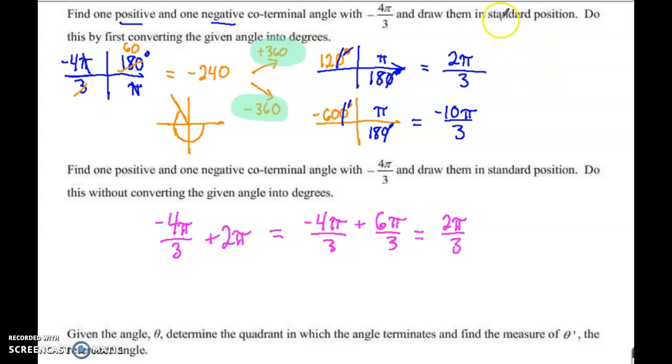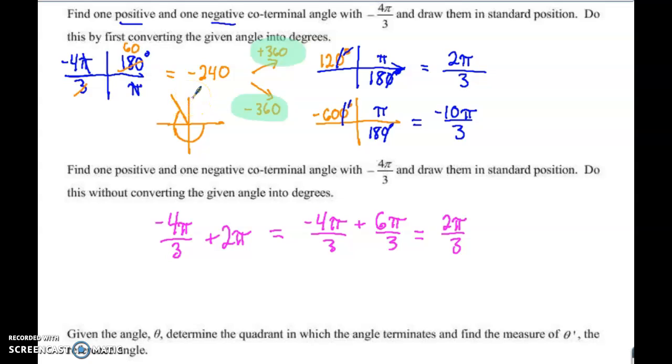Now, one thing I haven't done yet is drawing in standard position, because I don't know how good people are quite yet with drawing in standard position. If I were you and I was first learning this, I would convert to degrees a lot because most people are familiar with this.